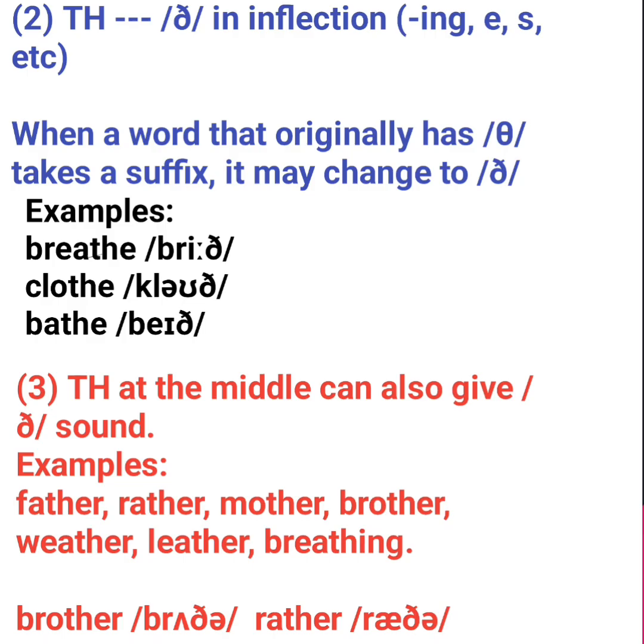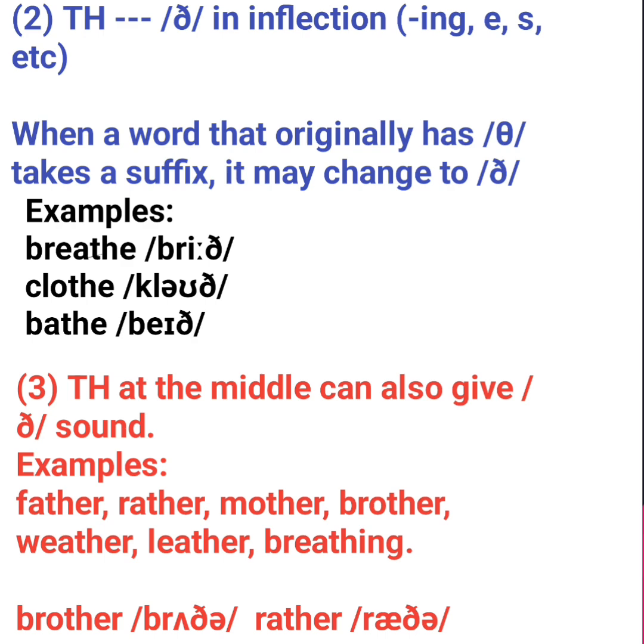Now, the second instance in which TH gives the eth sound is when we have inflection after TH. If there is no inflection after TH, and TH is the last letters we have in the word, that TH will give the second sound, which is the theta sound, like path, month, and so on and so forth.